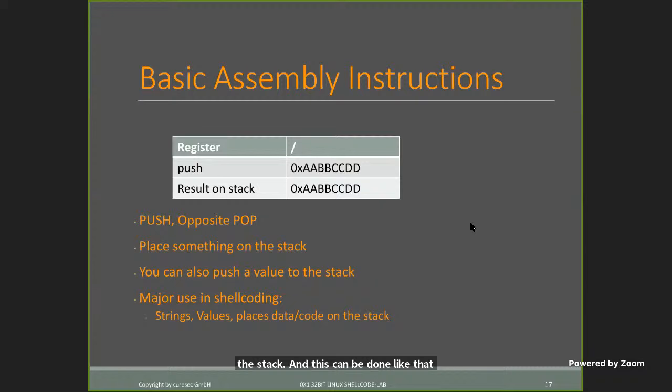Usually you push 4 bytes on this architecture, and this makes sense to keep the stack aligned. When it comes to push, you could also push 2 bytes, but then the stack pointer is not changing by 4 bytes but by 2 bytes, if you push a half word. And this might end up in issues.